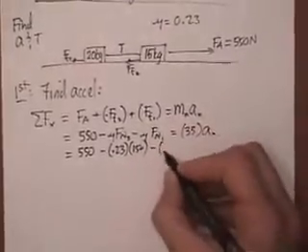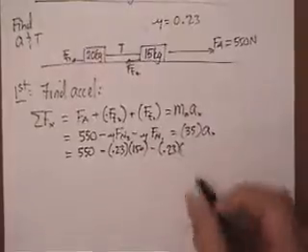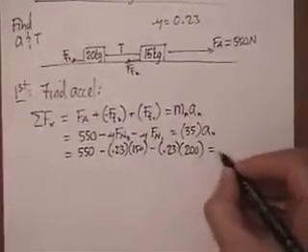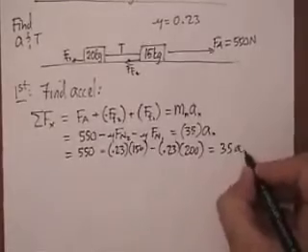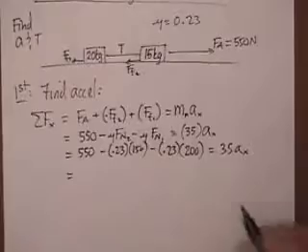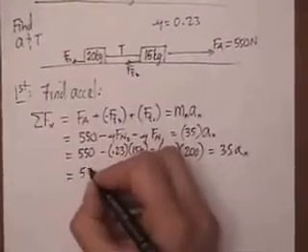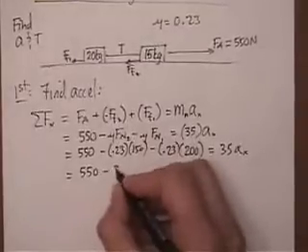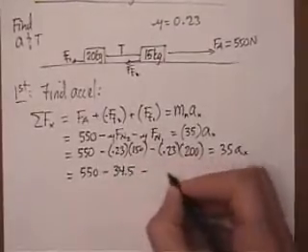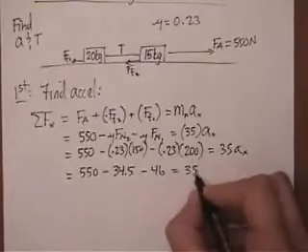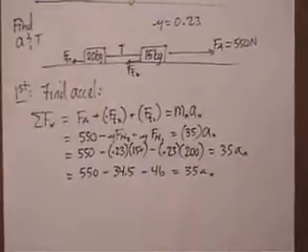I'll subtract that off, my 0.23 times F1, which is going to be 200, equals 35 ax. So, let's see here. That's going to be 550 minus 34.5 minus 46 equals 35 a in the x direction.